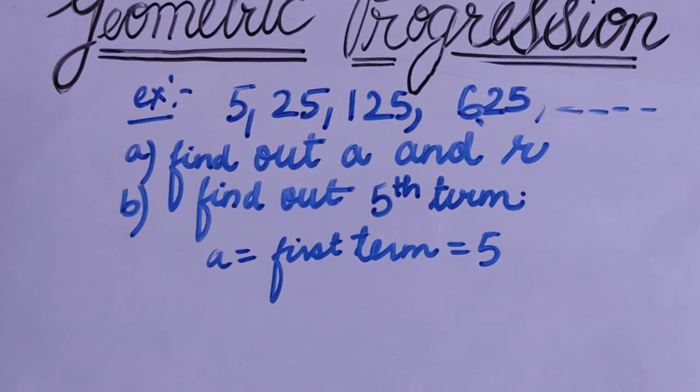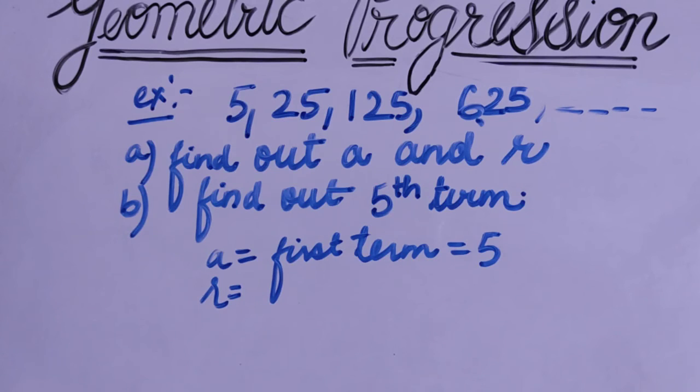After that, r. You know that r is our common ratio. And how will you get this common ratio? By dividing the succeeding term by the preceding term. Suppose here a1, a2, a3, a4, all the terms are there, and you have to find the common ratio. Then you will directly find it by using the formula a2 by a1, or a3 by a2, or a4 by a3.